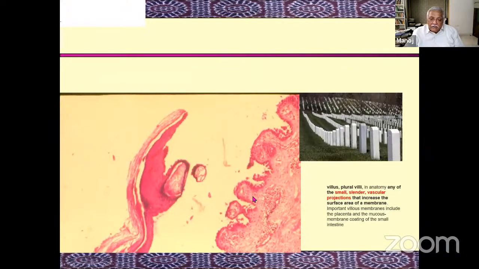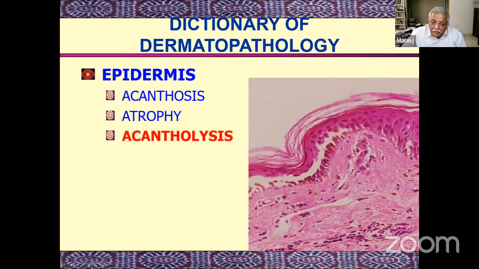As you can make out here, the individual cells lose their attachment to each other, the desmosomal attachment. So adjoining cells of the basal layer may be separate from each other, right? However, they will remain attached at the basement membrane because that junction is not compromised.